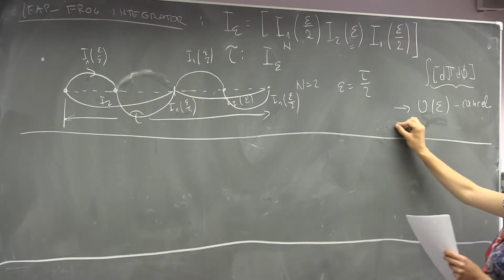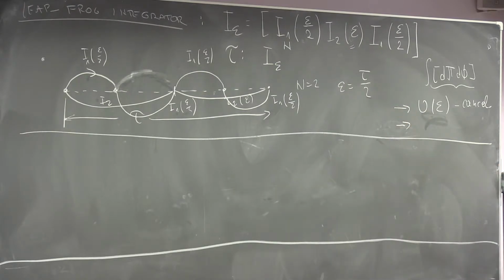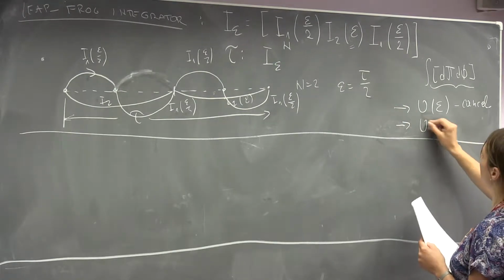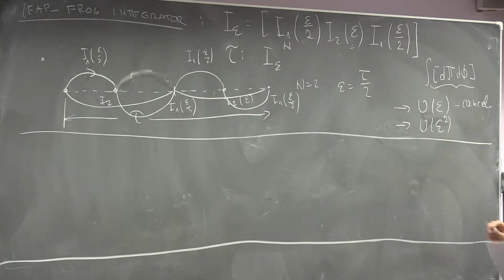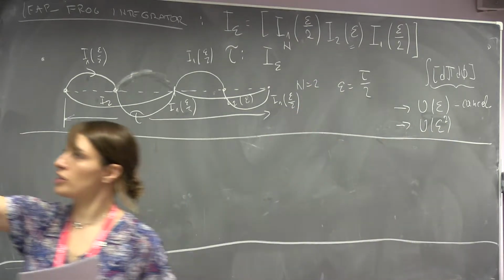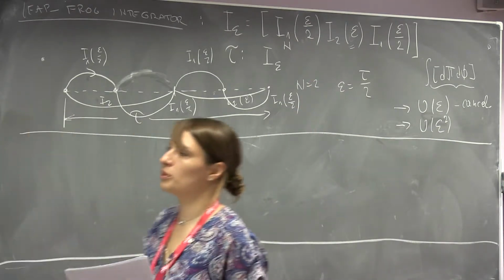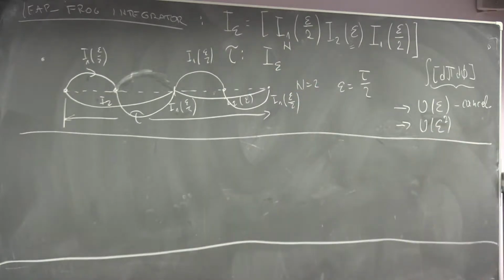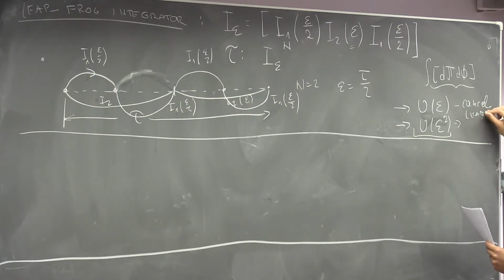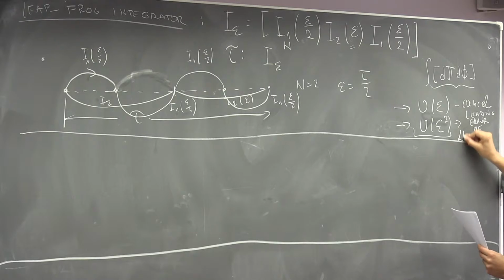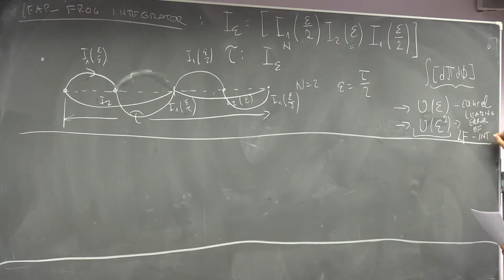Then the leading error in this integrator is proportional to order epsilon squared, where epsilon is our trajectory length divided by the number of updates of this kind that we perform in a single Monte Carlo trajectory. So this is the leading error of the Leapfrog integrator.